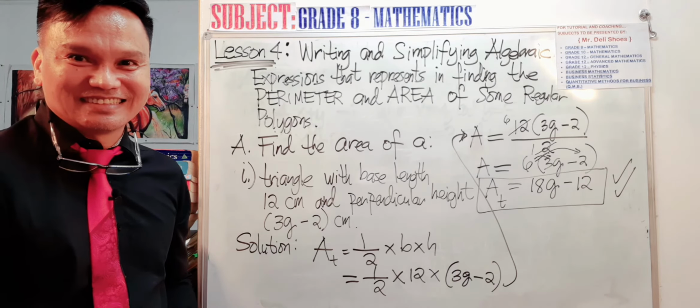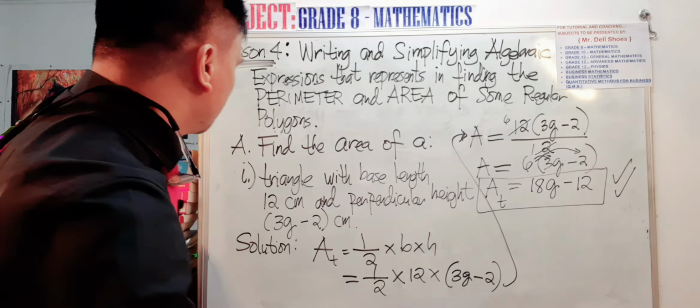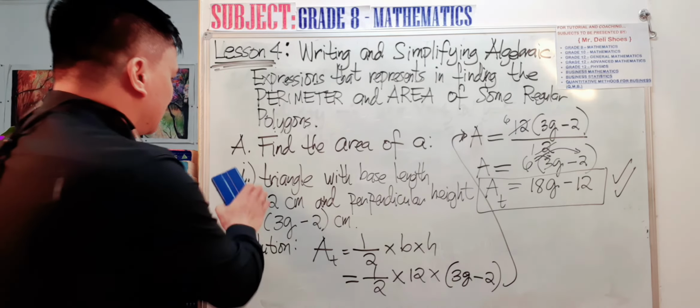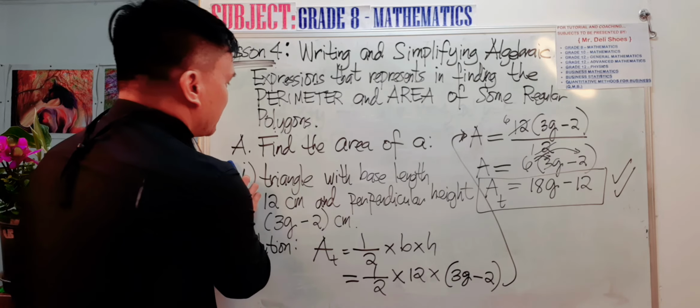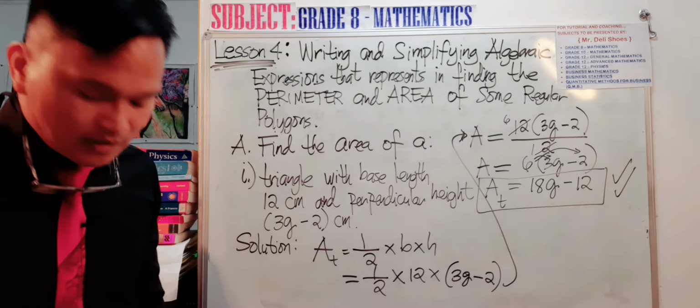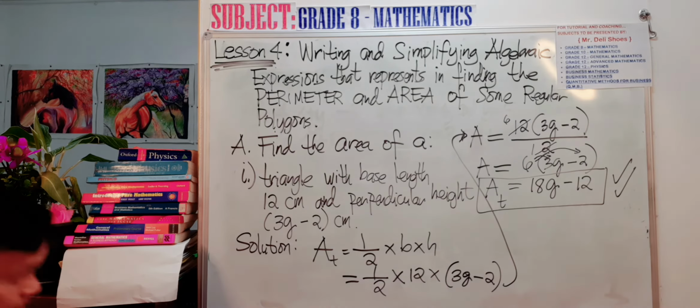Okay? Next, let's proceed to my last question. Finding the area. I'll give you first 30 seconds. I'll stay away for 30 seconds and I want you to pause the video.